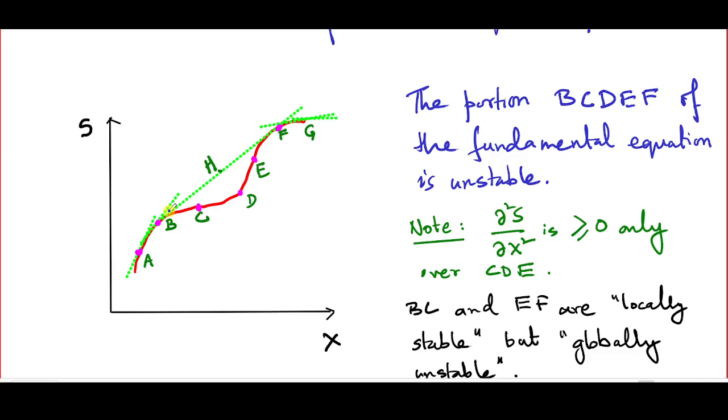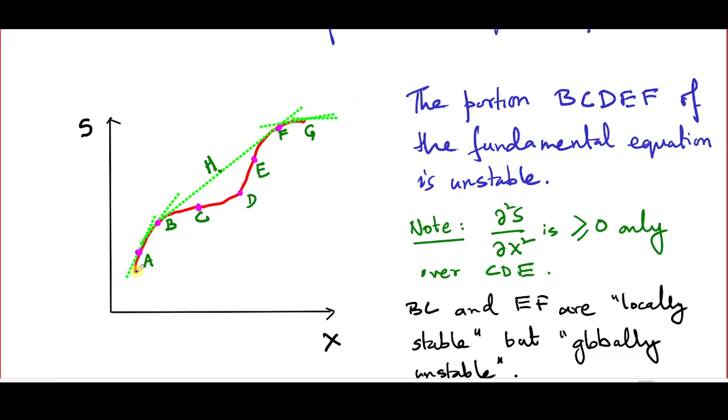Now, how do you repair the fundamental equation? Simple. You just keep on drawing the superior tangents. And here at the point B, you have a superior tangent which just touches the point F, this line BHF. And the actual fundamental equation will be the envelope of all these superior tangents.